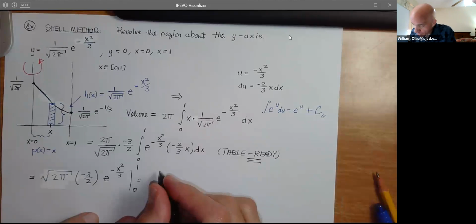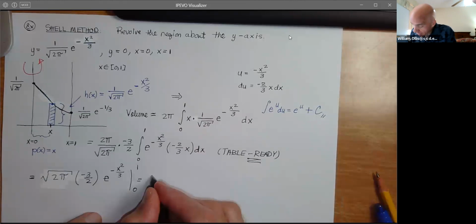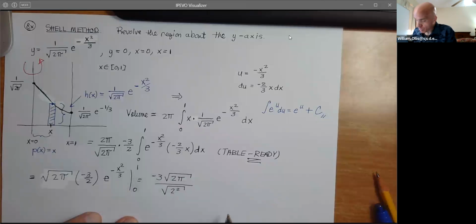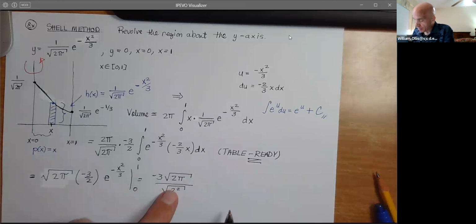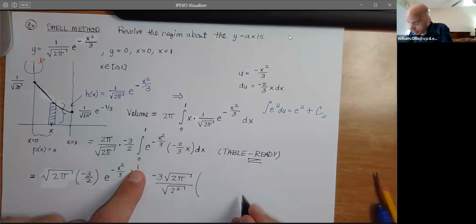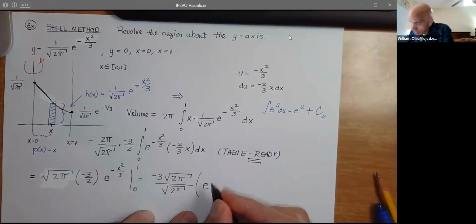Now, here's what I wanted to do. We'll do a negative 3 times the square root of 2 pi. And then just write here, we'll write this as the square root of 2 squared. So we can combine those two, bringing the 2 here, and then we can put that under the radical. And now we'll replace x with the 1, so we get e to the negative 1 squared over 3, which is negative 1/3.